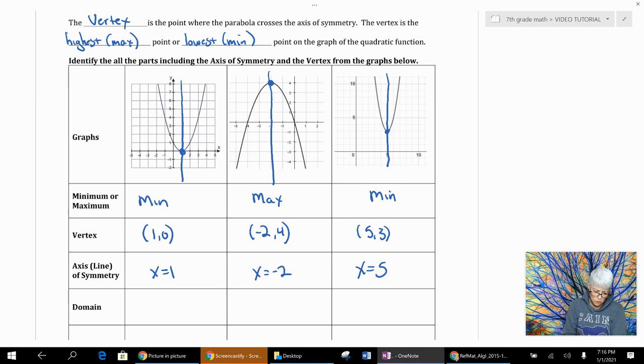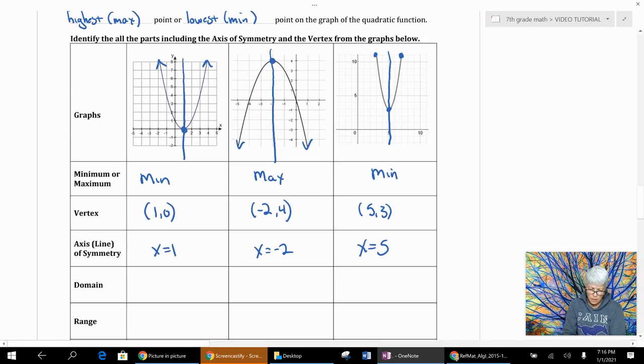The domain. So before I answer that question, I'm going to go ahead and add arrows to the first graph, arrows to the second graph, and I'm going to go ahead and add dots on the third graph just to mix things up and make it a little bit different. Now remember, the domain are the x values, and that parabola we're just assuming will go on and on forever.